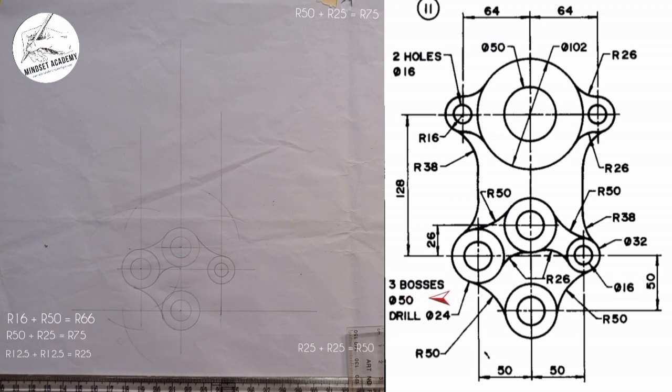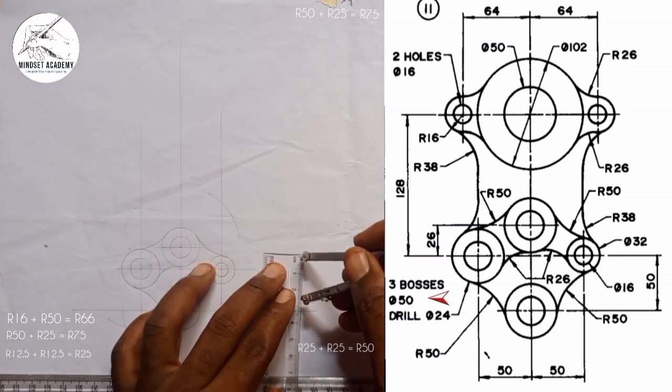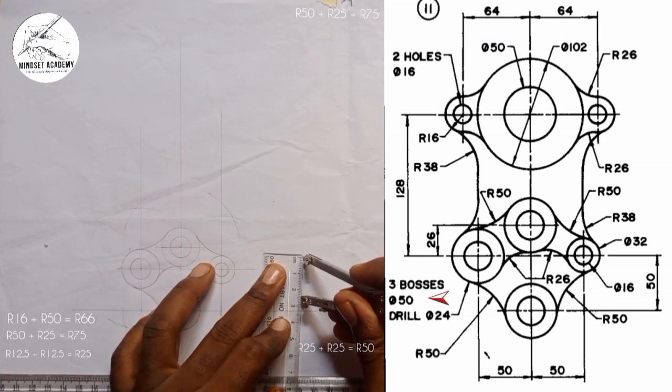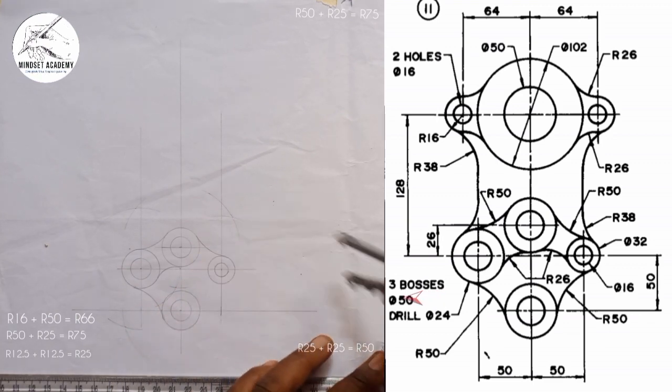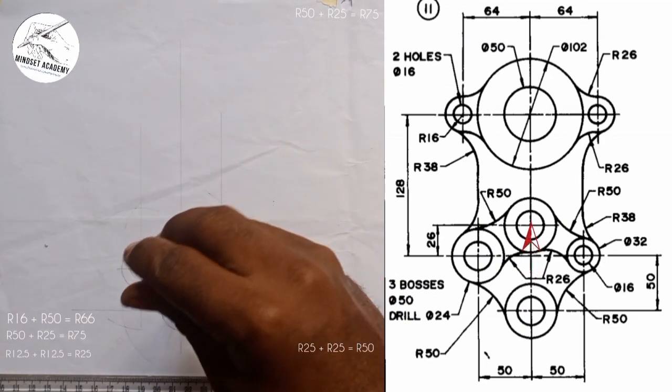So look at the boss. Its radius is 25, so I'm going to add the radius: 25 plus 25 gives us 50. So I measure half of it, which will be 25, since I'm using half full size, right? And I'll place it here. I'll strike an arc this way.